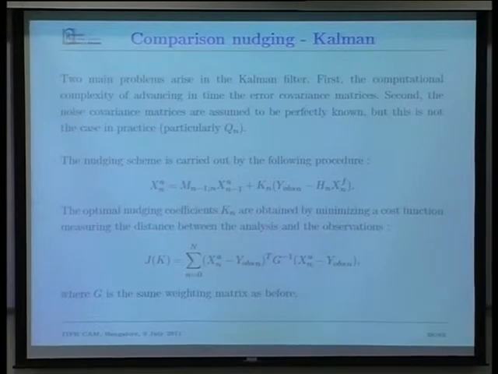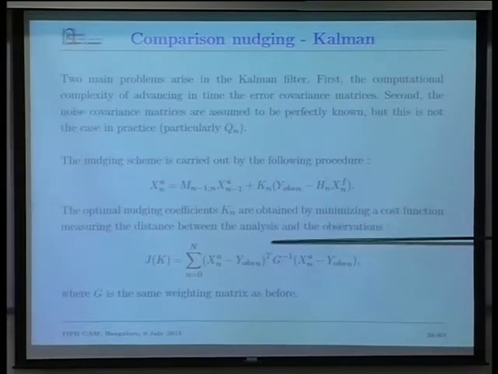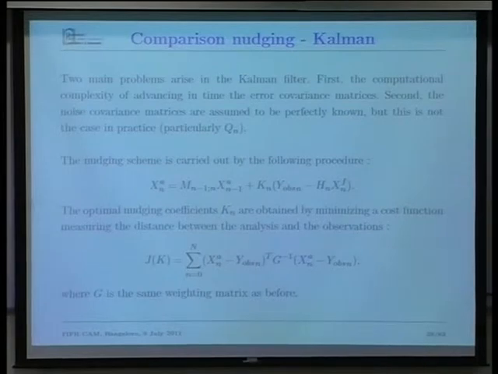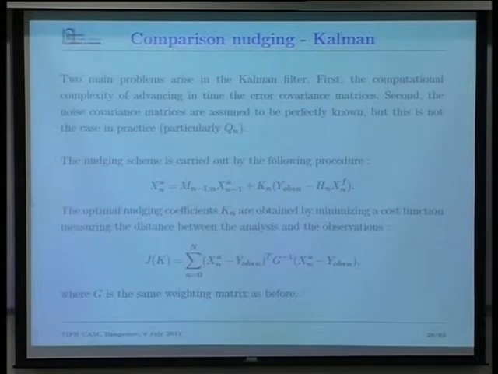Okay? The optimal gain matrix is the one that minimizes the difference over all the assimilation window. For a given nudging matrix, you compute the nudging state and you compare it with the observations. And you want to optimize it in a global way, like in a 4D-Var.